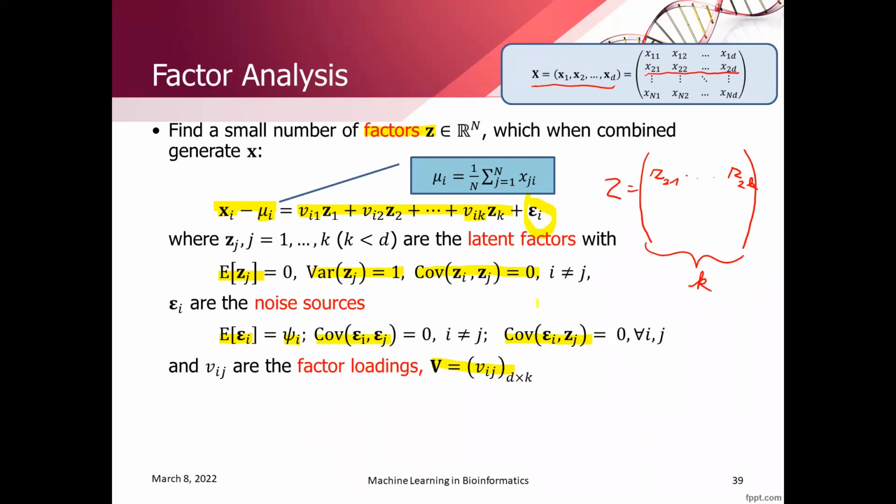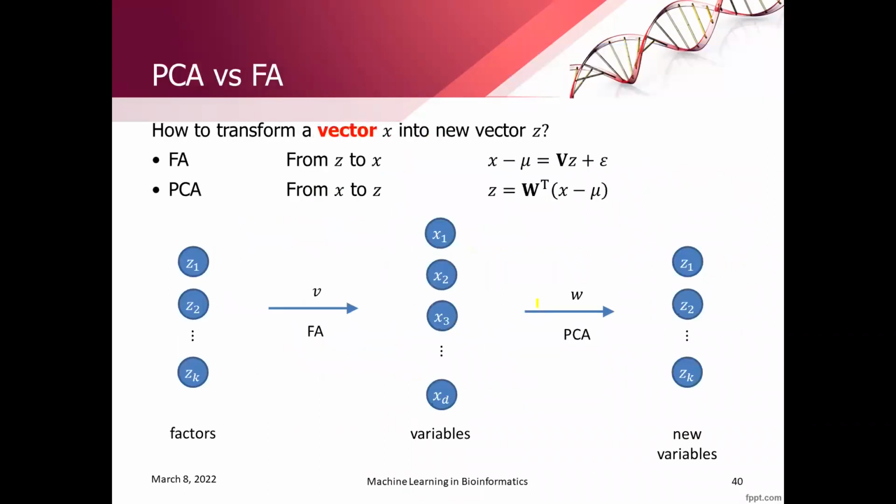Therefore the solution can also be based on eigenvector decomposition of some matrix. But we will not cover that. For us, this will be a function which will compute the factor analysis.